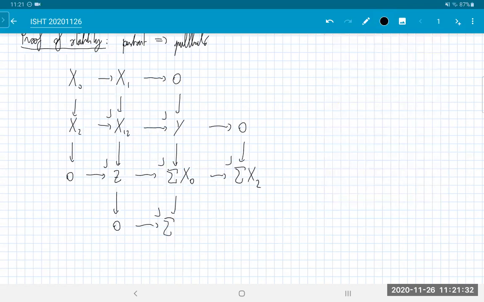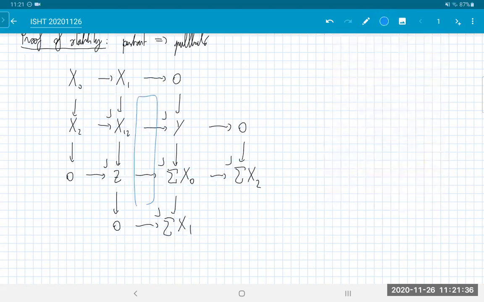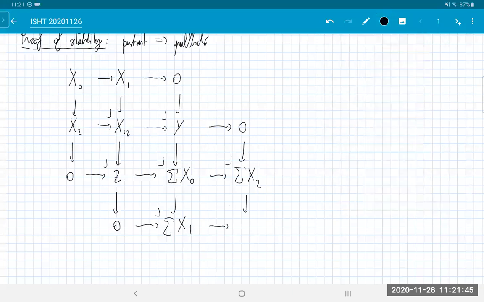And in the same way, this guy is sigma x1 by considering this square here. And again, let's get crazy and take further push-outs, and that's sigma x1,2.